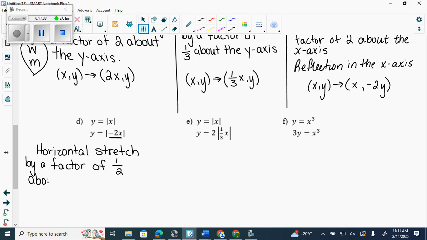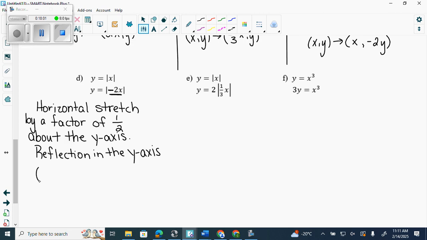So it's horizontal, so it's about the y-axis. And my reflection, which is the negative sign, is in the opposite axis too. So it's affecting the x's, so it's a reflection in the y-axis. And then words and mapping are the same. So I get x, y becomes negative. In words, I'm using 1/2. In mapping, I use 1/2. X, comma, y.